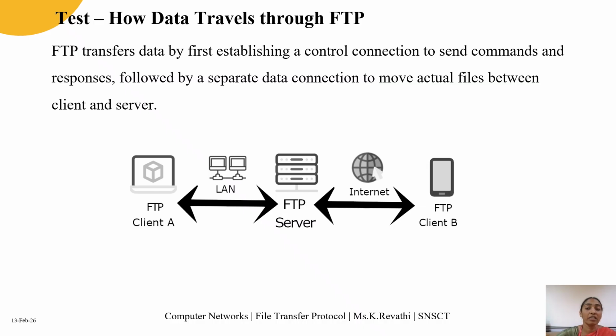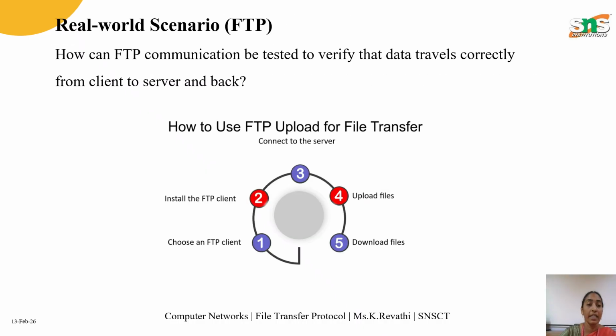The next phase is the real world scenario and the challenges we have faced in using FTP. Let us look at the real world scenario first. FTP is used in website hosting, uploading server files, and academic project submissions.